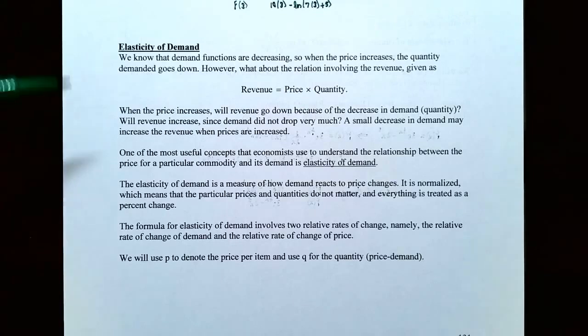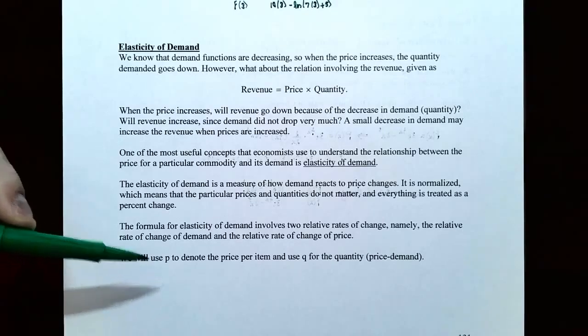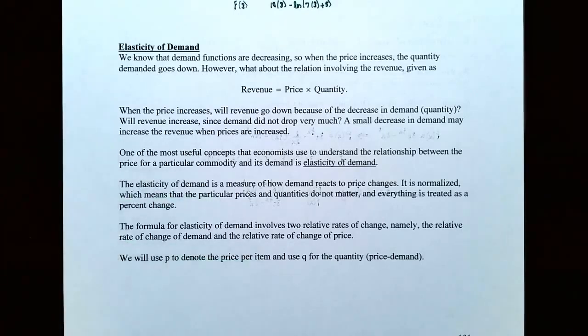So the formula for elasticity of demand involves two relative rates of change. It involves the relative rate of change of demand and the relative rate of change of price. So we're going to use lowercase p to denote the price per item and lowercase q for the quantity, which we know can also be represented as the price-demand equation.